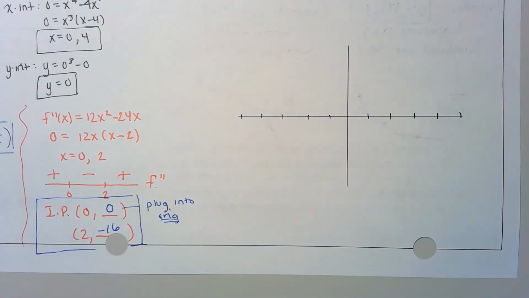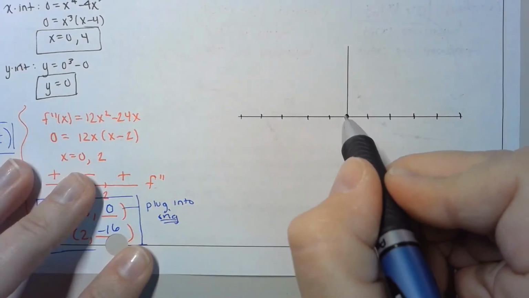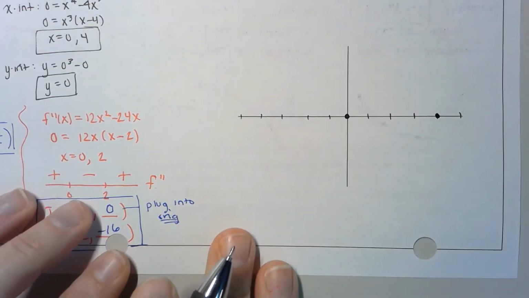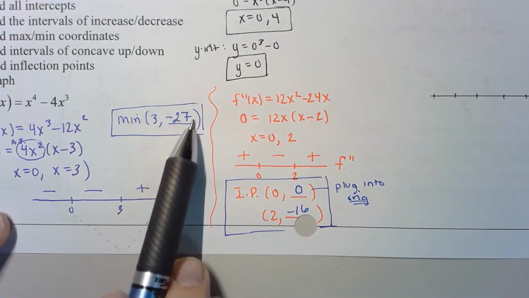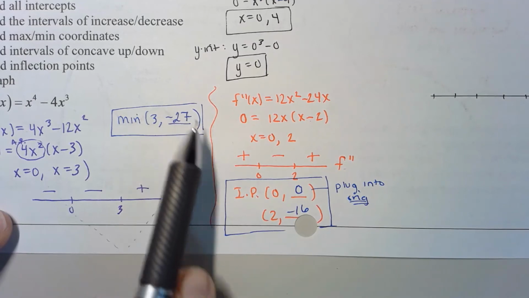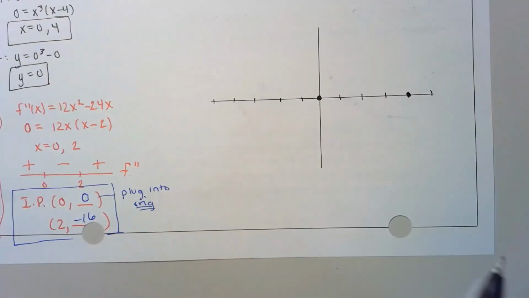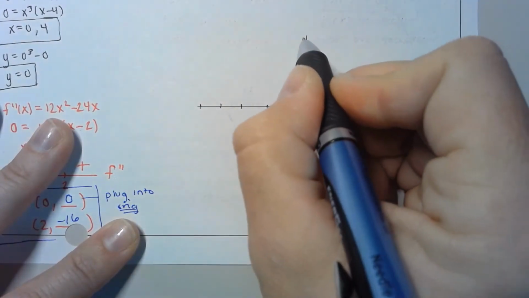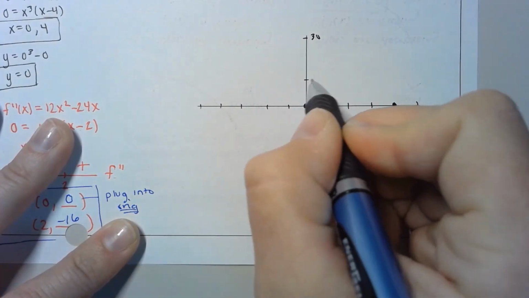Okay. I can go ahead and start plotting these, right? X-intercepts at 0 and 4. Let's talk about this. Let's see, it looks like I have y values of 0, negative 27, negative 16. What if I just went from like negative 30 to 30? Maybe I just kind of chunk that into thirds, going up by tens.